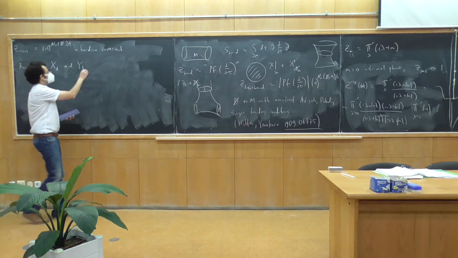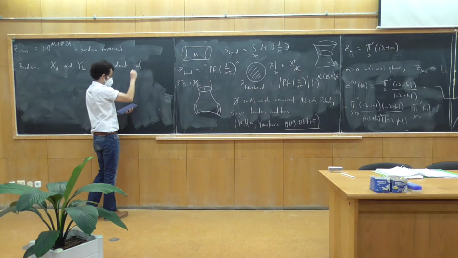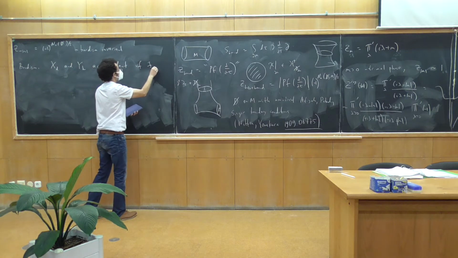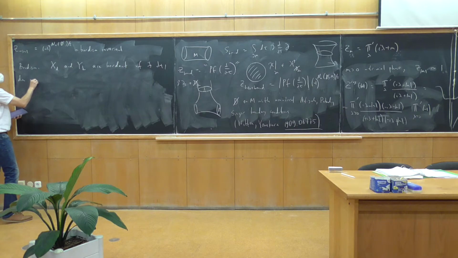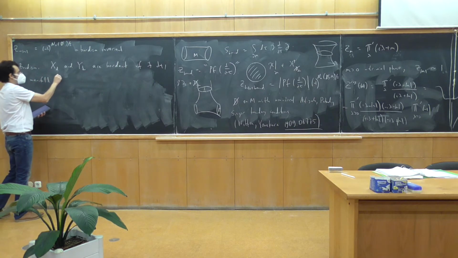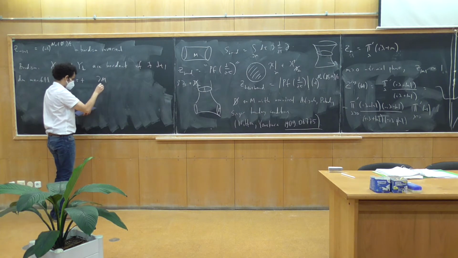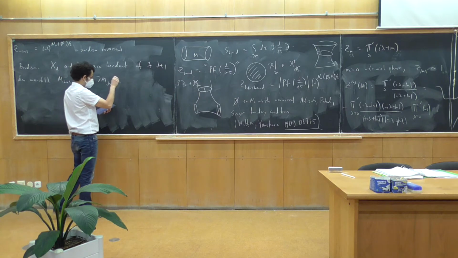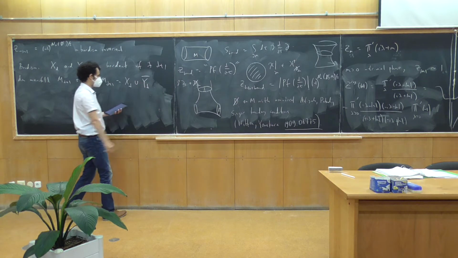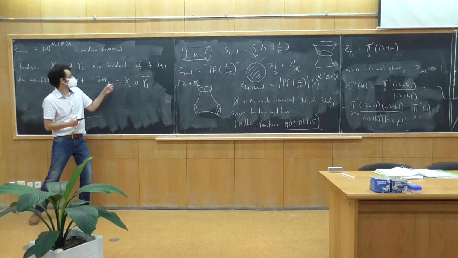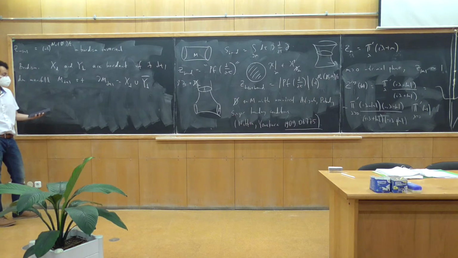We say that they are bordant if there exists a d plus 1 dimensional manifold M_{d+1} such that the boundary of this M_{d+1} is the union of X and Y with its orientation reversed.